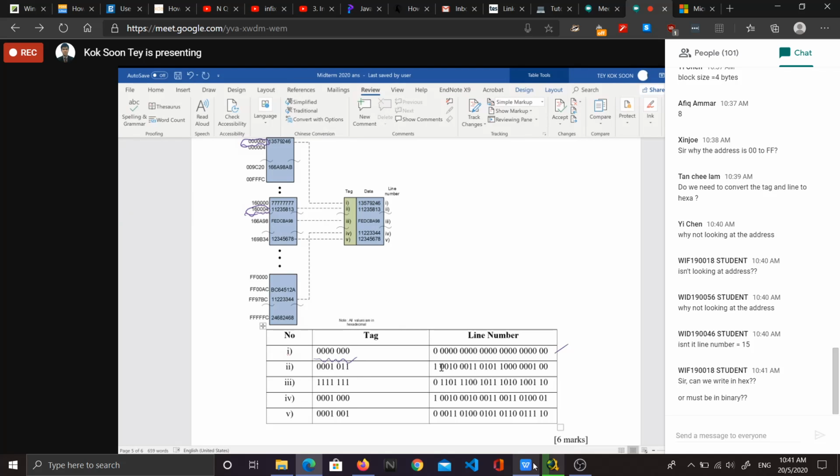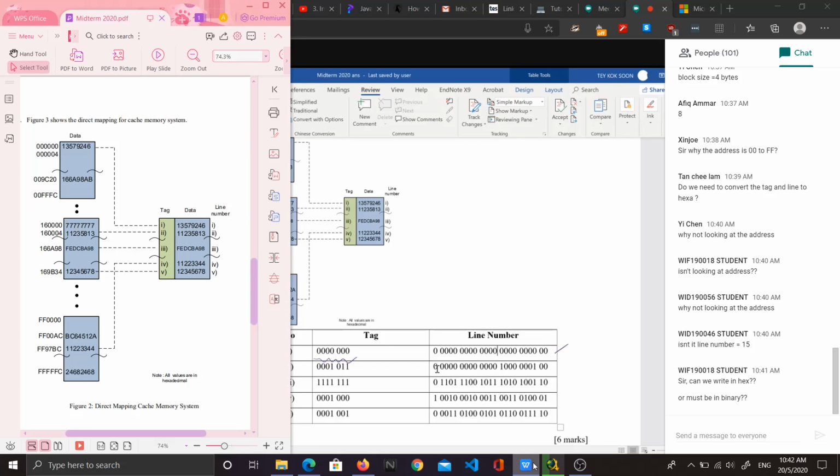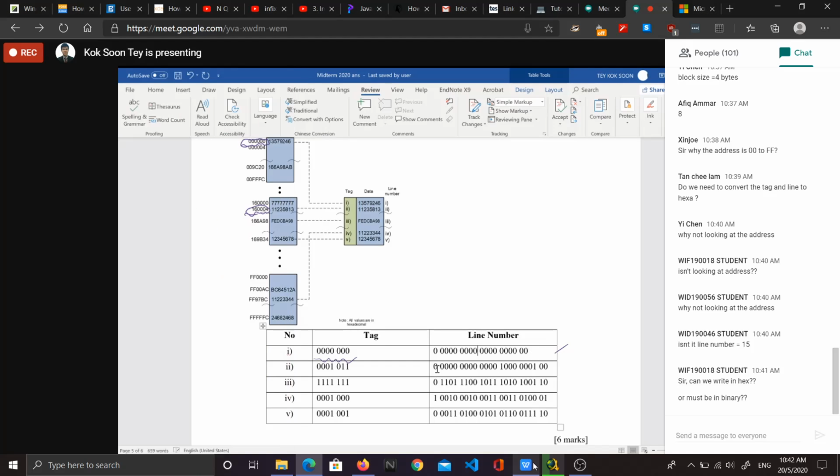Then 6 is 1, 0. And here is 0. Zero. Seven.